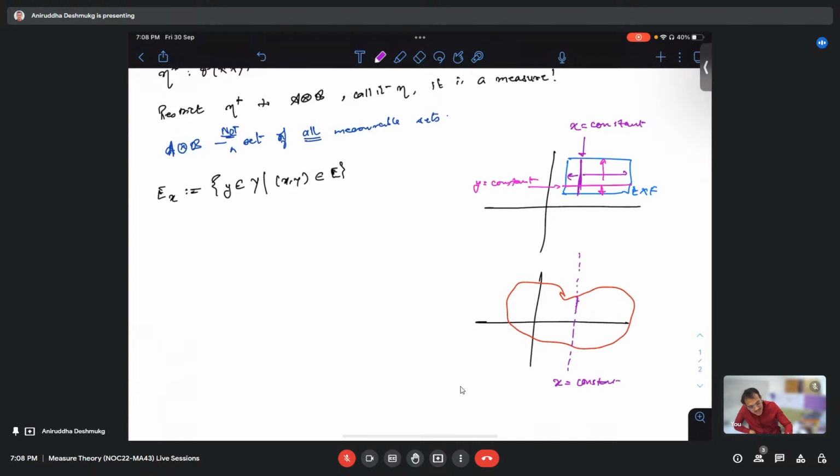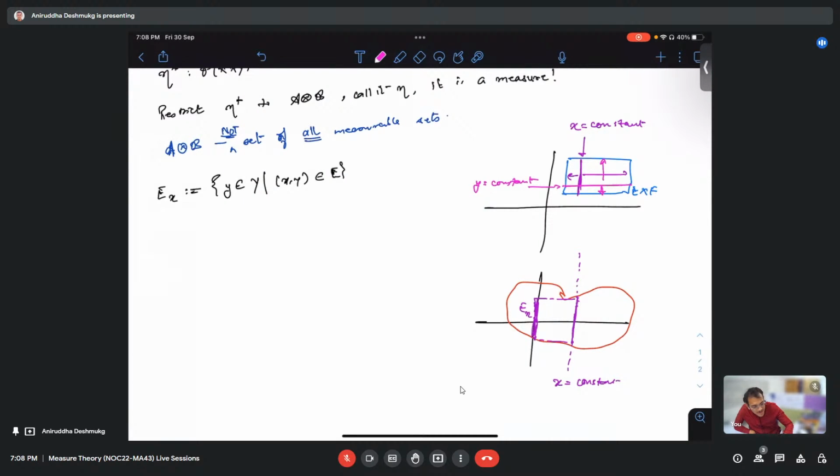Wherever it intersects E, that is my Ex. Because these are precisely the points on Y. So, or rather, this is not the section. This is the section. This is my Ex.